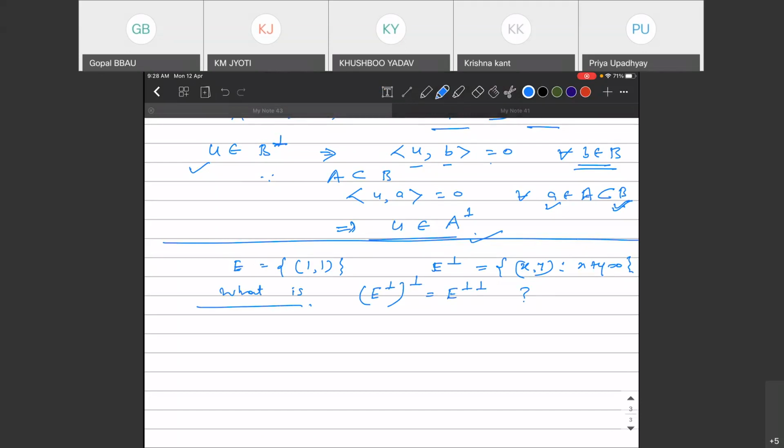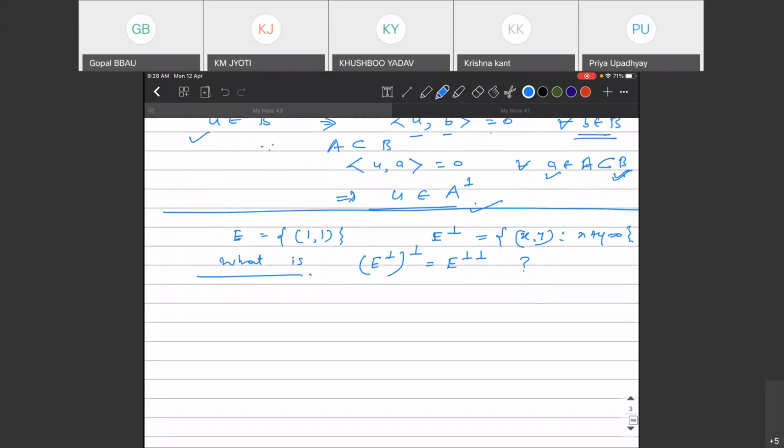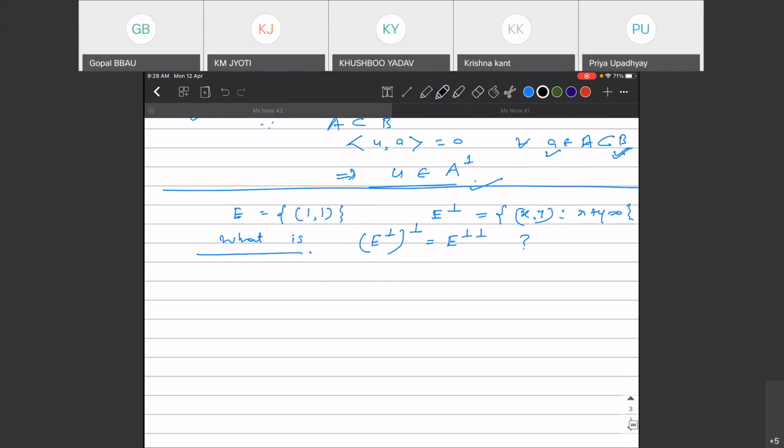What is this? Can anyone tell? Sir, take one element first. Okay, so we know E perp is of the form x plus y equal to 0, correct? So what will be E perp perp?